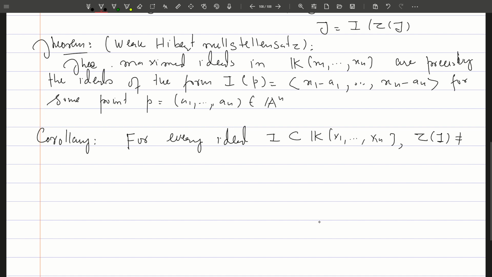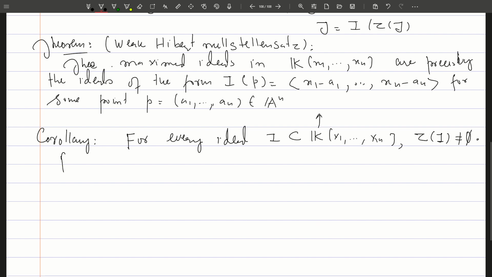So this is a powerful result. This guarantees us that as long as I is an ideal in the polynomial ring, its zero set is always going to be non-empty. One should note here that K has to be algebraically closed, otherwise this is not true.